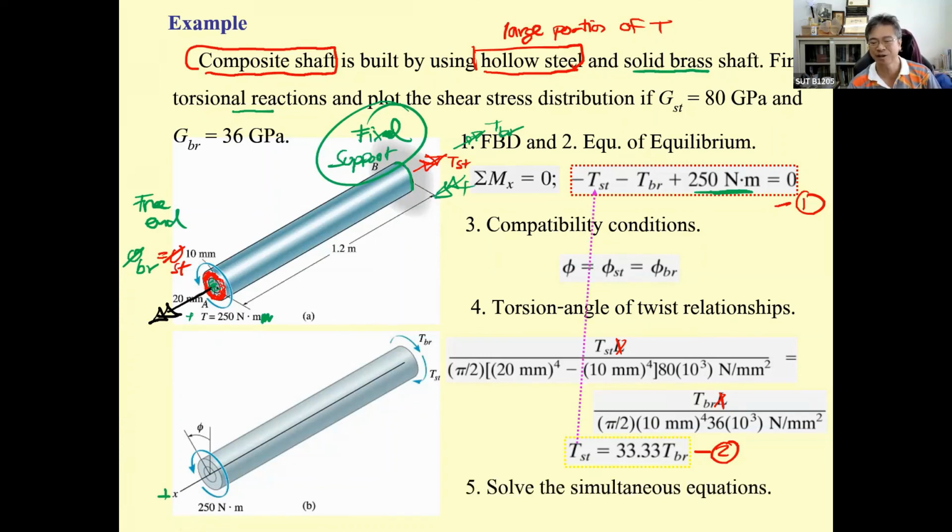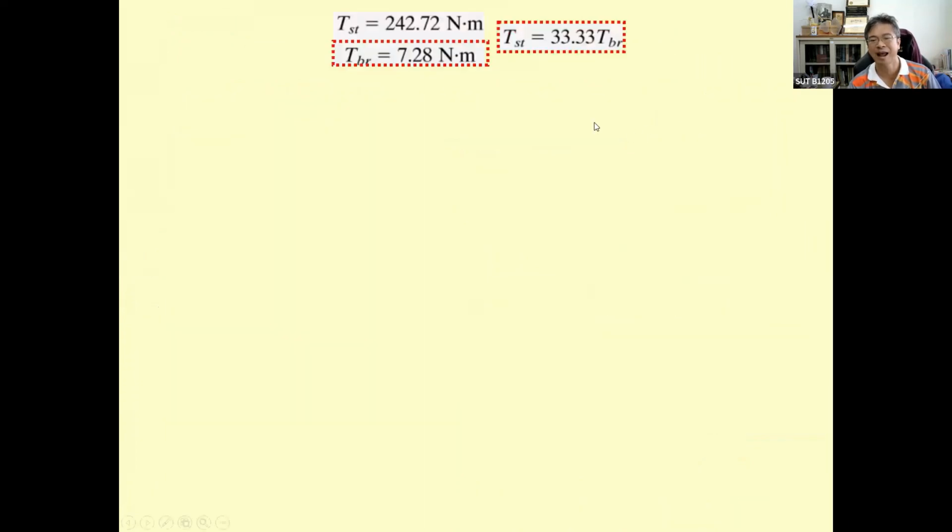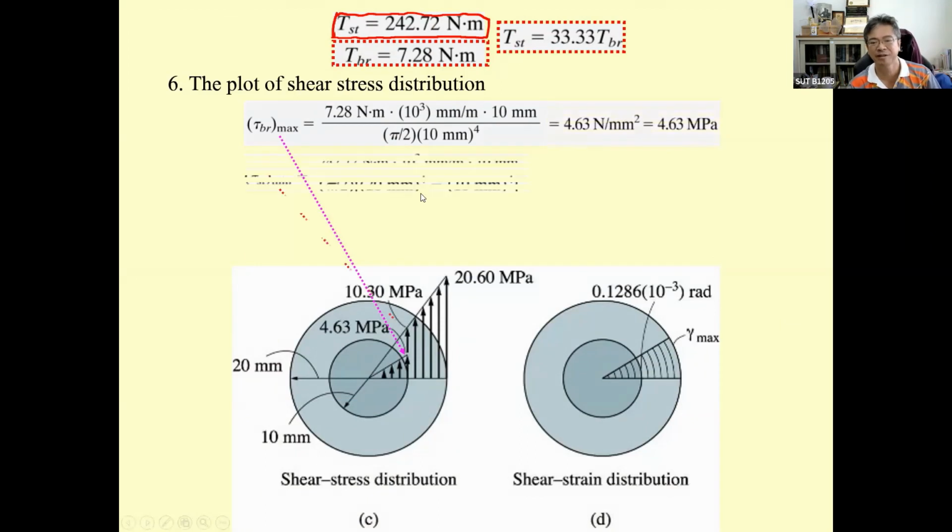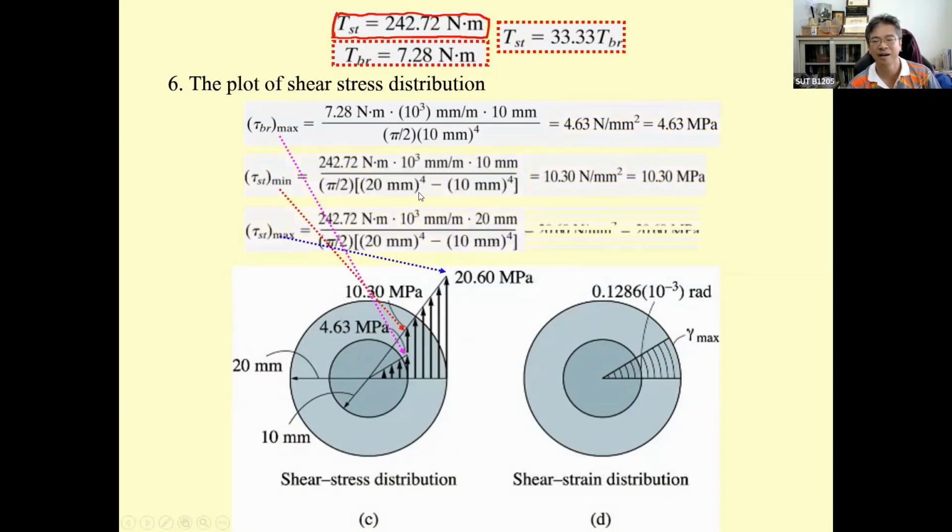Then you put it together, and you get T sub BR of 7.28. And then for T sub ST, 233.3 times 42.72. And then you can compute the stress that occurs on the section.